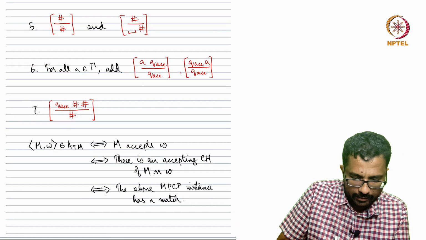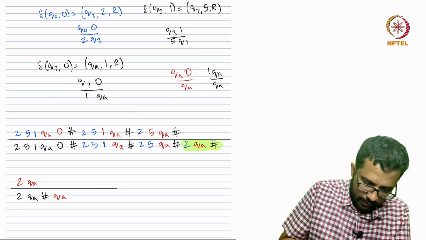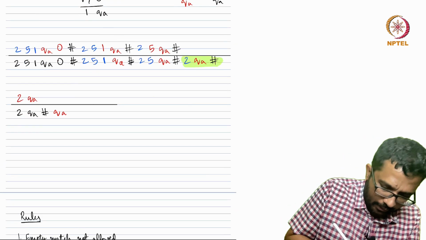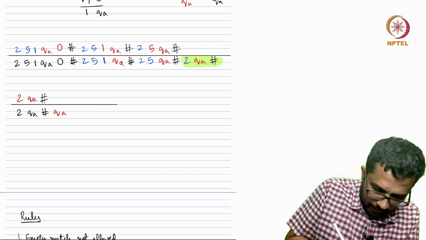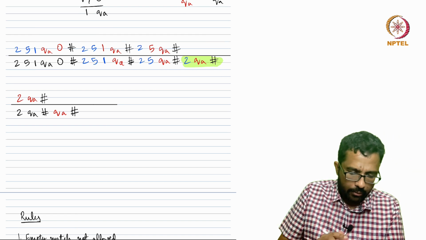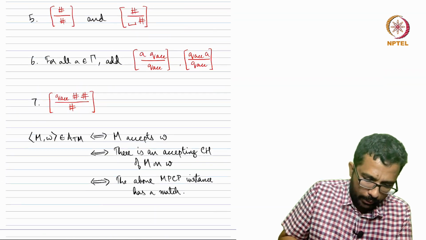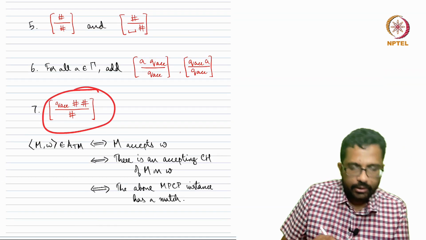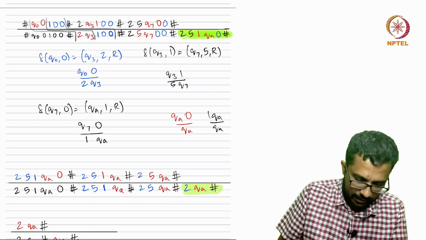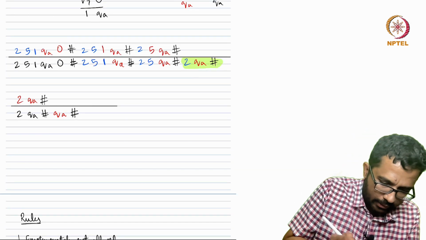Hash qa, it is leading. So we cannot use this right now. So first we need to put a hash symbol, I think. So we'll put a hash here and hash here. And now the bottom is leading by just qa and hash. So now we can close off things by using this qa hash hash and bottom just hash. So I can close off things.